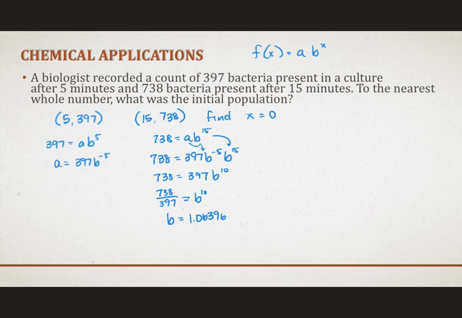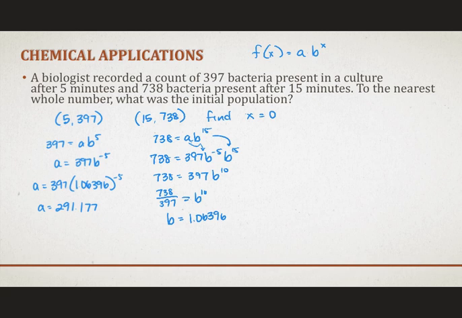And if that is B, then A is 397 times that number to the negative 5, which means A is 291.177.